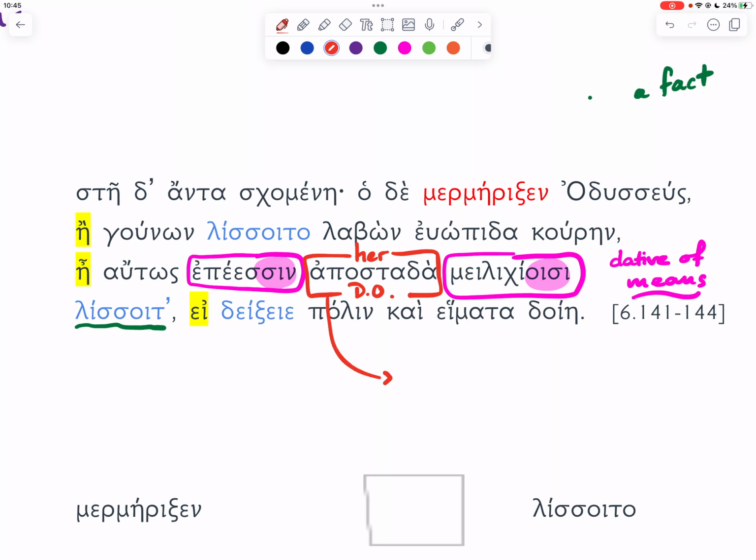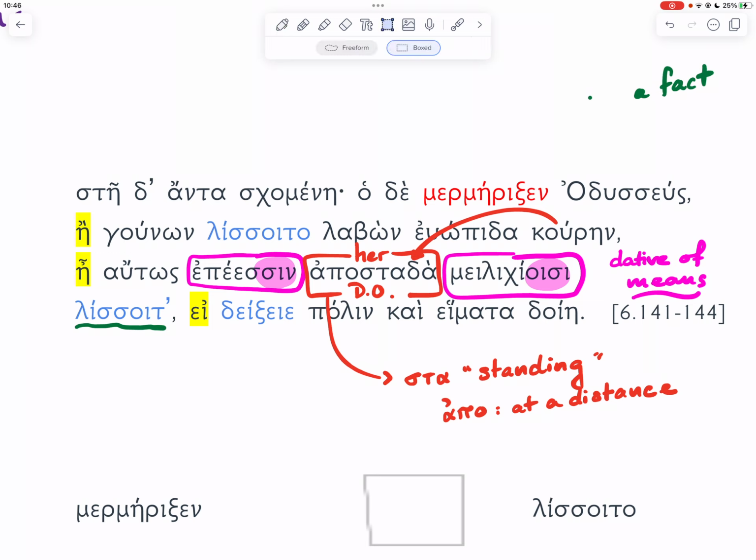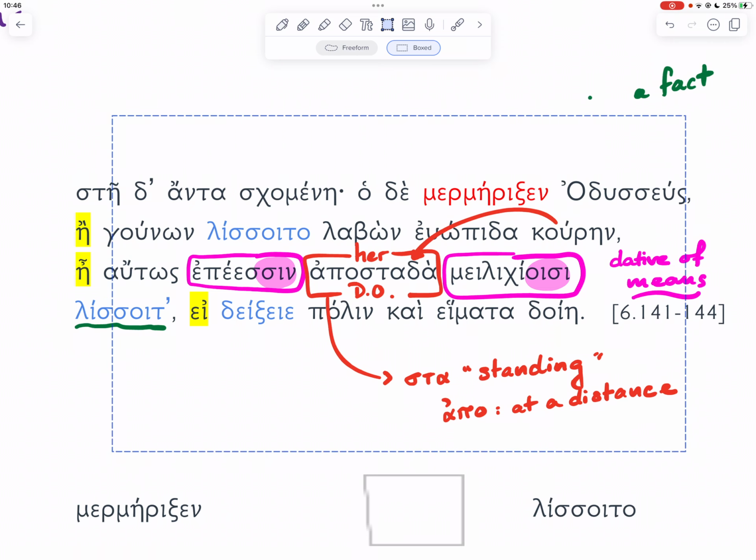So whether he should entreat or beg this girl with honey sweet words, this girl, kouren, who is standing, there's my -ing, standing apo, at a distance. So whether he should grasp her by the knees physically, or whether while she's standing away from him, he should grasp her by the knees at that point.